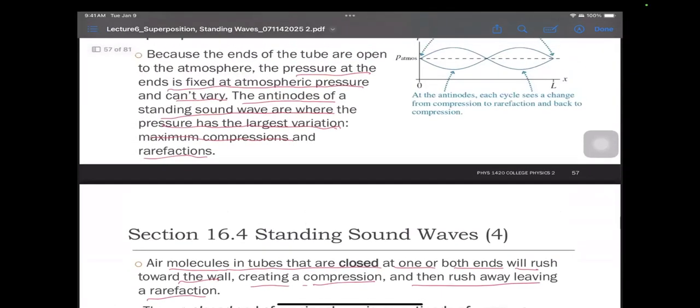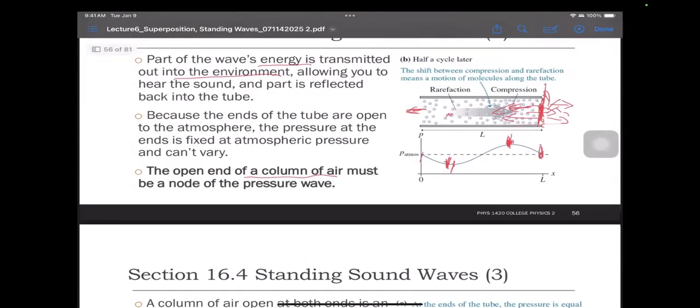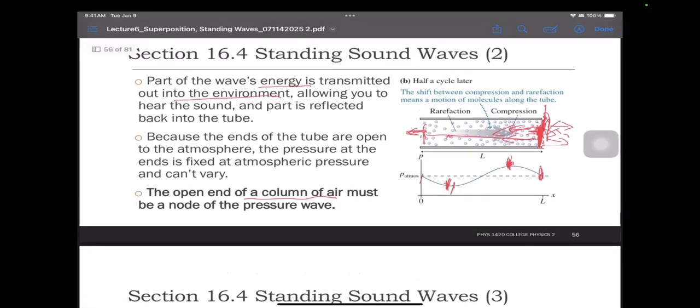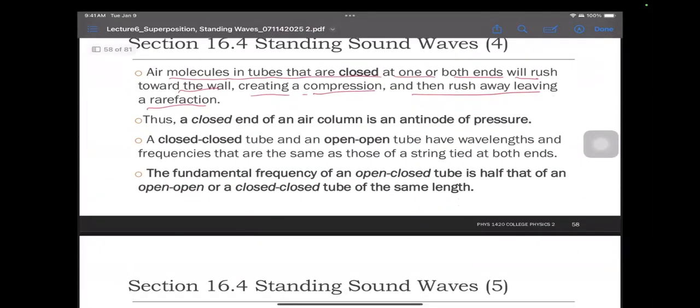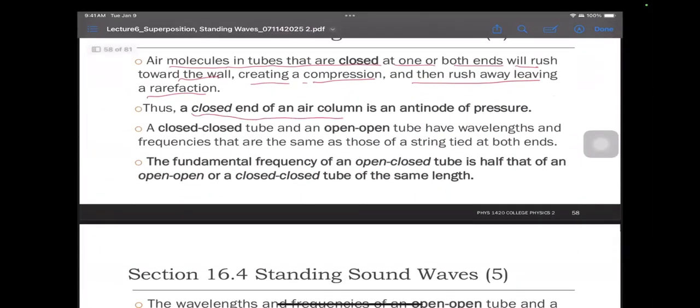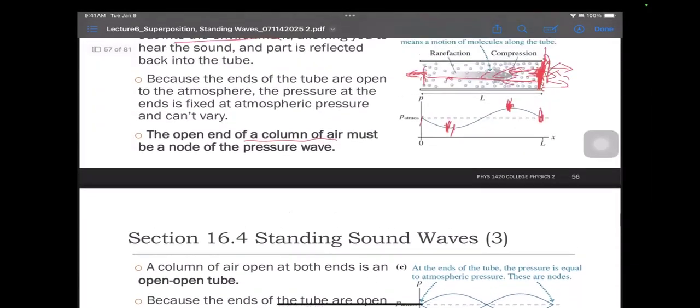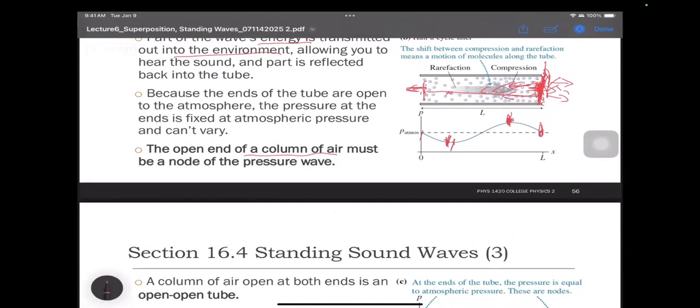Which means if the end is closed, when the wave hits here it forms a compression, and back here it is a rarefaction. So the closed end of an air column is a pressure antinode, because when the wave hits the end it forms a compression, which means here is an antinode.